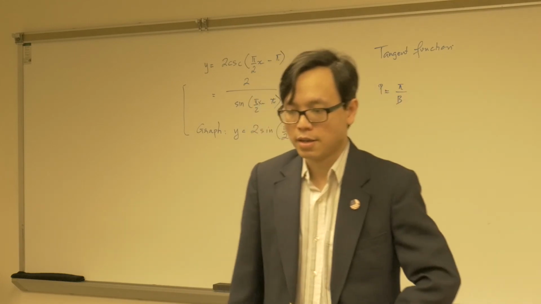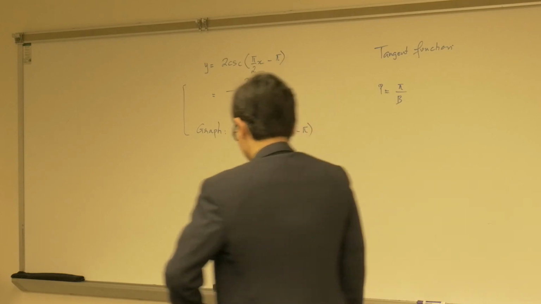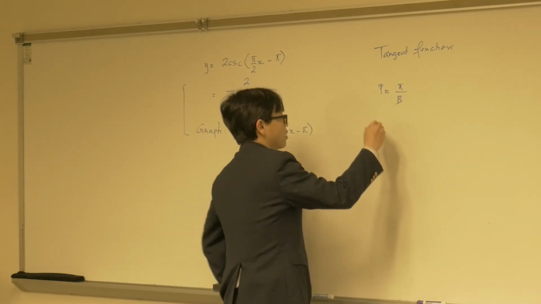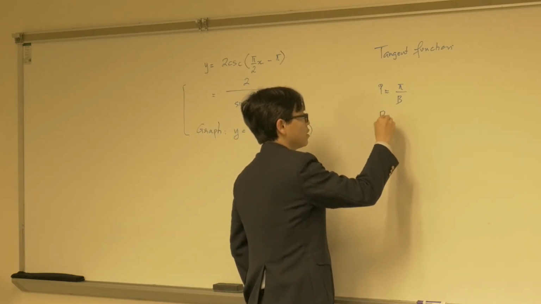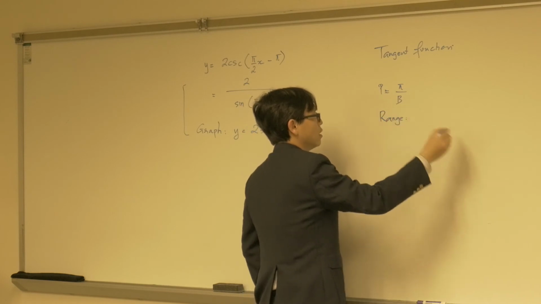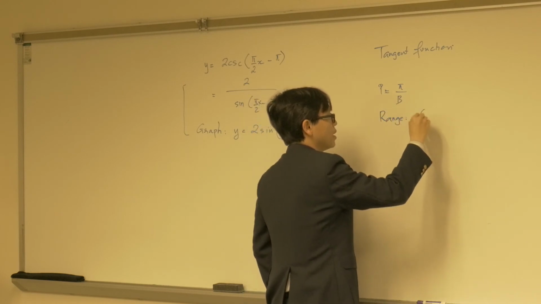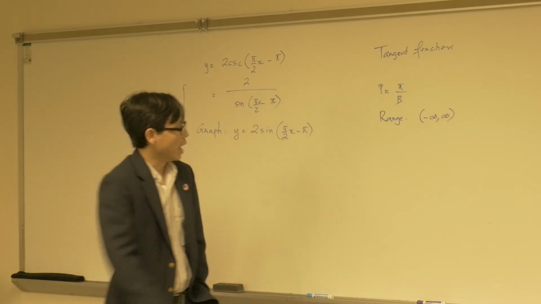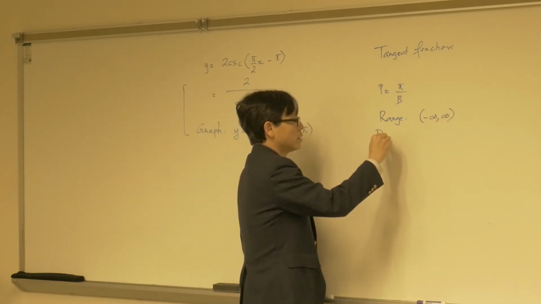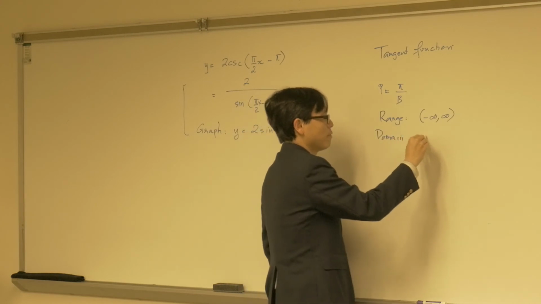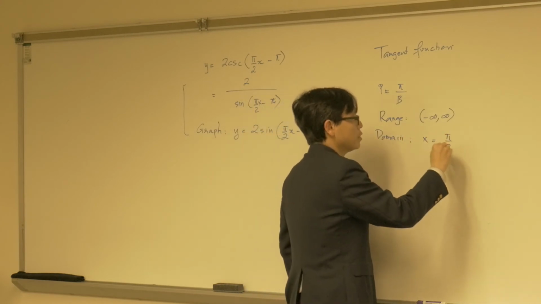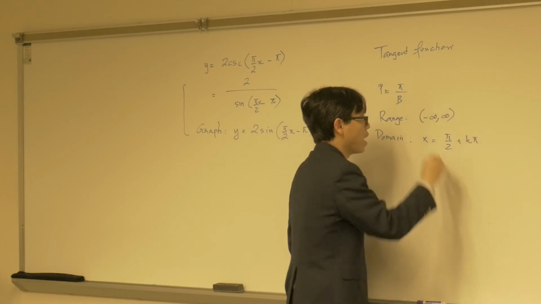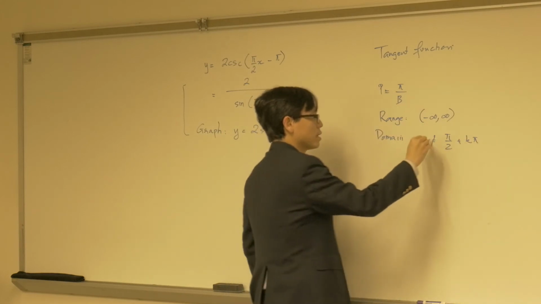We also know that the range is from negative infinity to positive infinity, and the domain is everything except for pi over 2 plus k pi.